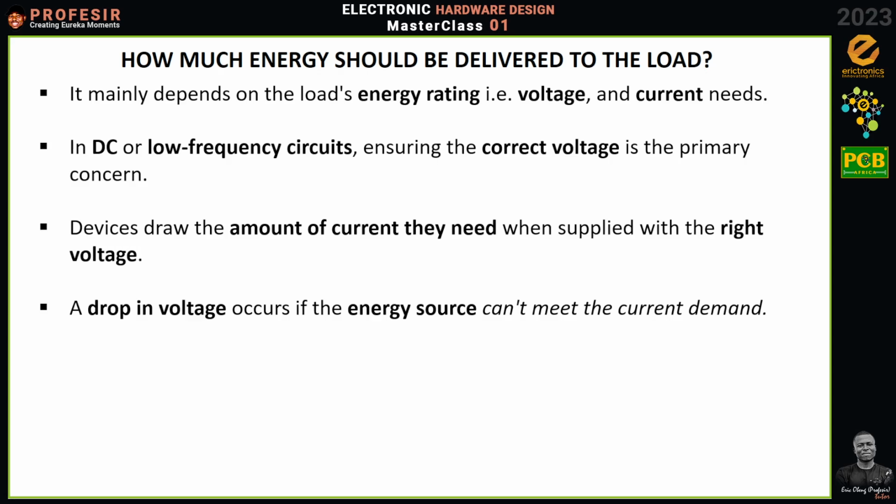You see, the voltage matches, but the current doesn't match, and this is going to be an issue. For the bulb to work perfectly, you need the battery to be able to supply the voltage and the current. When you connect the load, which is the light, to the battery, and the power source cannot deliver the required current, what you would see is that the voltage is going to drop. There is going to be a reduction in the voltage.